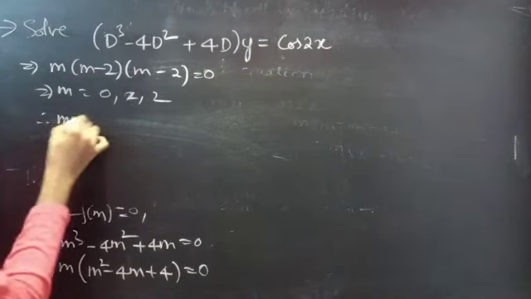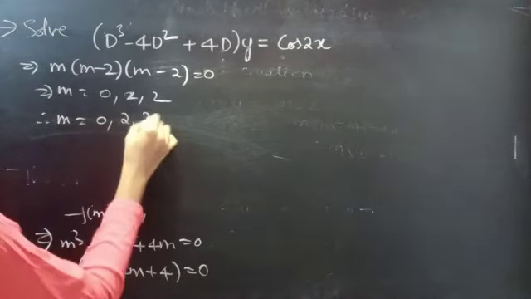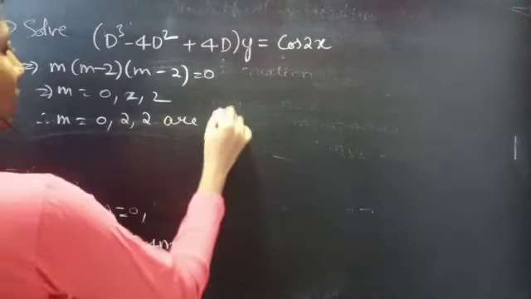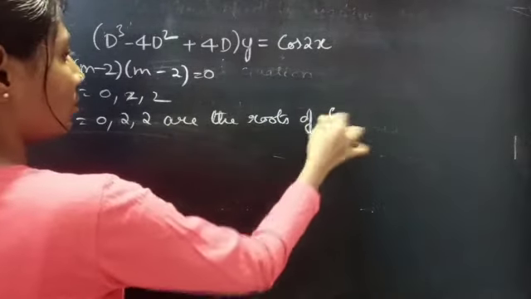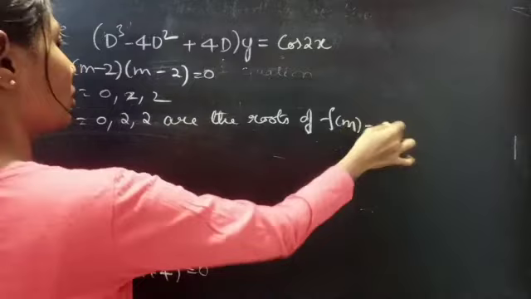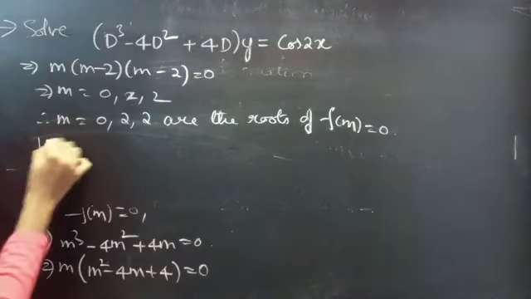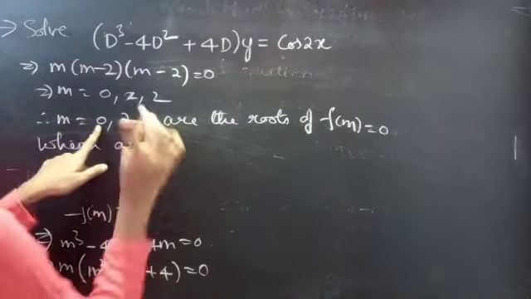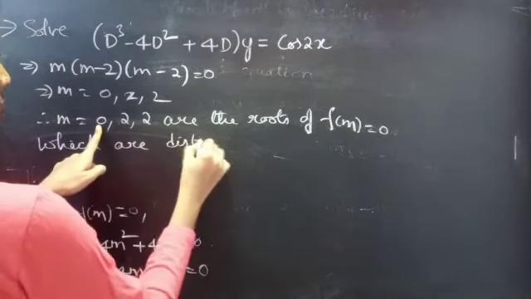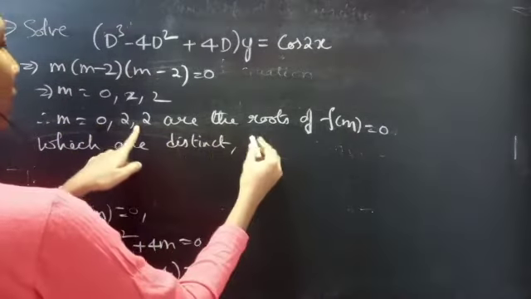Therefore, m equals 0, 2, 2 are the roots of our auxiliary equation.